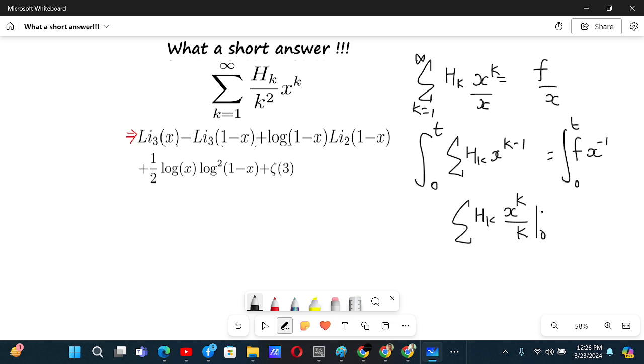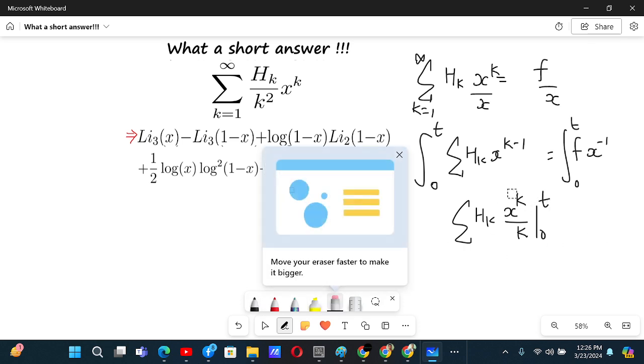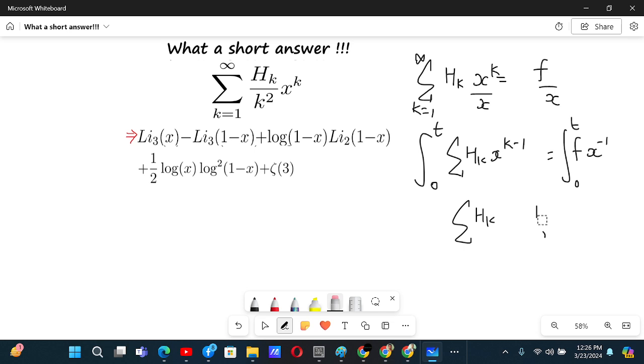From 0 to t, at 0 this is just 0, at t this is t to the power k by k, and there will be some function z. Now you see we already have a k over here. Now what do we need to do? Again, divide by t on both sides, and that will make it t to the power k minus 1.